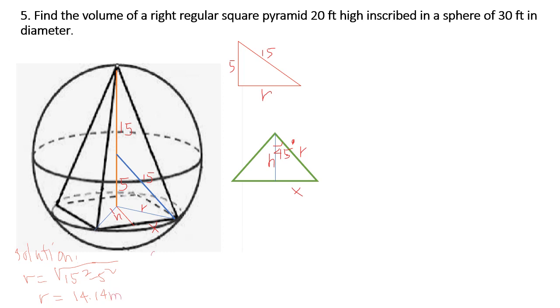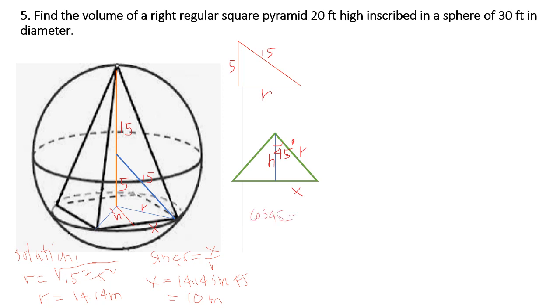You have that sine 45 equals x over R. So your x equals 14.14 sine 45, equivalent to 10 meters.